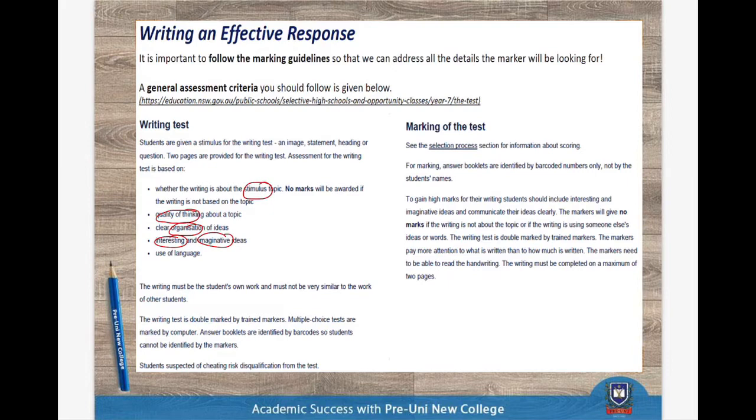So make your own ideas, and make sure you express them in a clear way. This is just a general marking guideline for all types of writing texts, but you do need to make sure that you read the question properly, and we will go through the first test for this term.